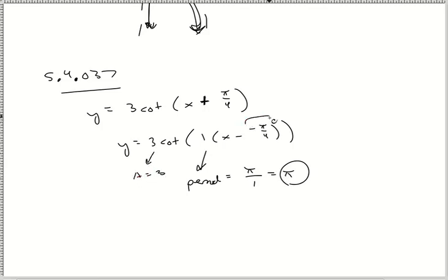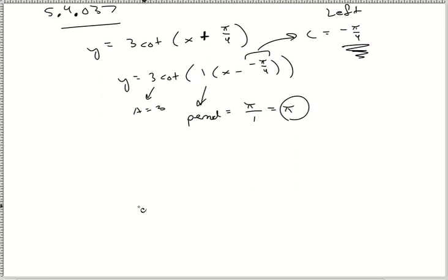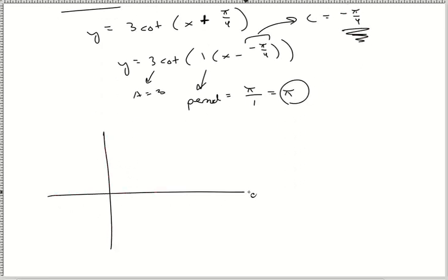And notice that my phase shift, C, is going to go to the left. A negative pi over 4. So I'm starting at negative pi over 4, and I'm going a distance of pi. What does that look like? Well, I start right here at negative pi over 4, and I'm going to go a distance of pi. So this will end up here as being 3 pi over 4, if I do the math correctly.